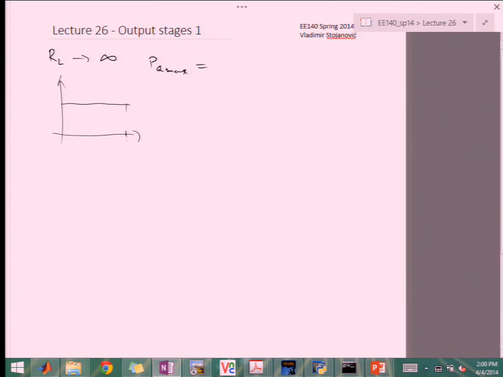And since you can only hit 2 VCC minus VCE sat with IQ, then this would be kind of the power dissipation for the device itself. So the max you would be able to burn in the device would be 2 VCC minus VCE sat.